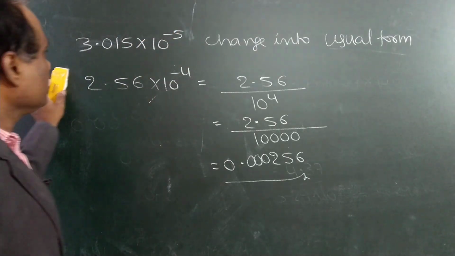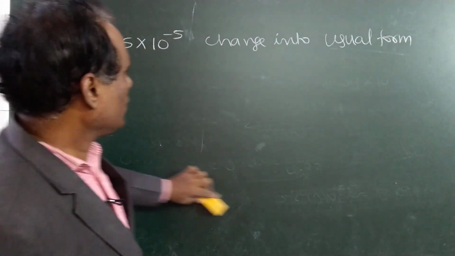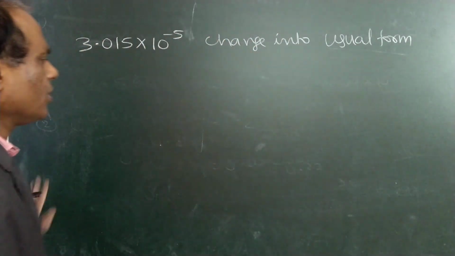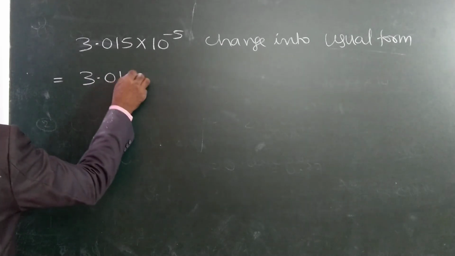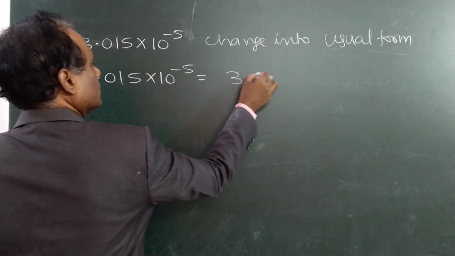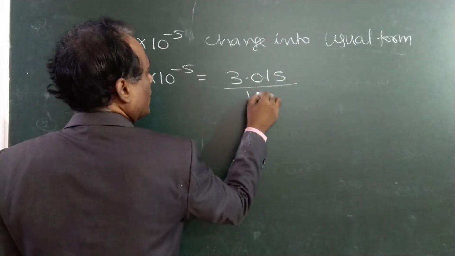Try this problem. Usual form. We should not keep 10 to the power of something, normal form. Ten to the power of minus 5 is 10 to the power of plus 5.